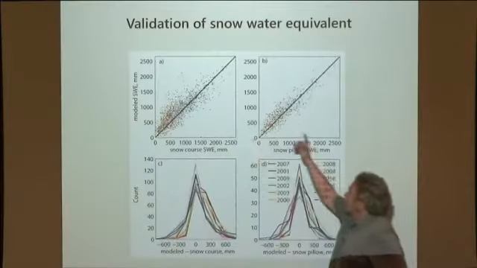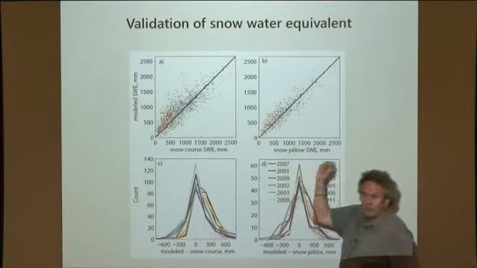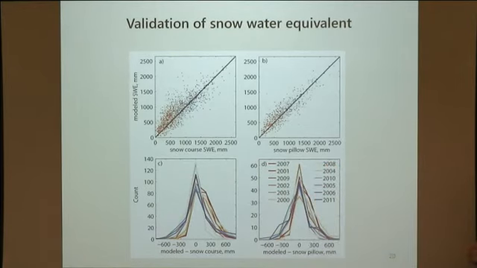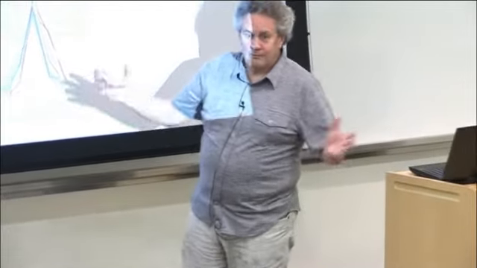And also there's errors in these measurements. The snow pillow is measuring over about an 8 by 10 foot area. The pixel is 500 meters. And so the snow course is typically a transect, right?